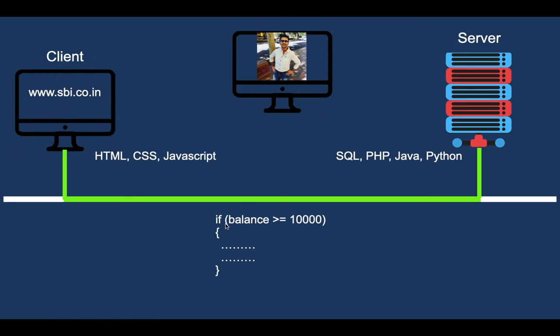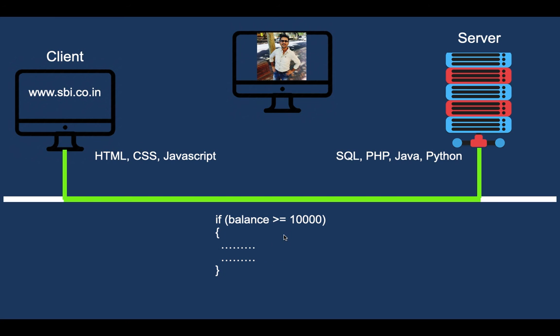You can perform modifications over here, after which the fund transfer will take place even if the balance is less than 10,000. So that becomes a security issue for the bank, and if the bank does this, then very soon your bank will go bankrupt. Okay, so that's why such sensitive code is never sent to the client.